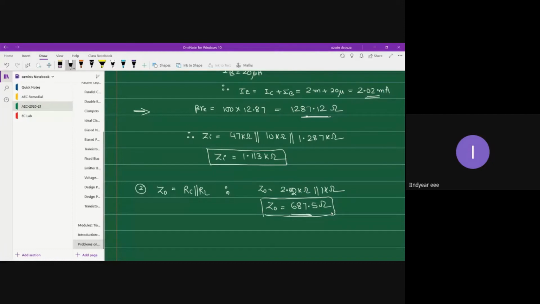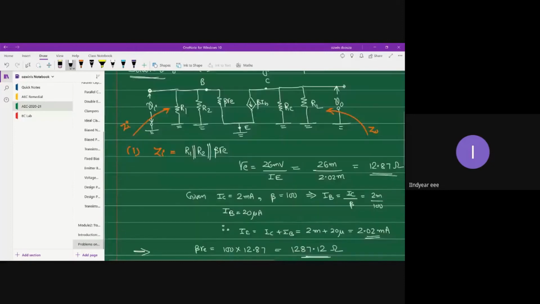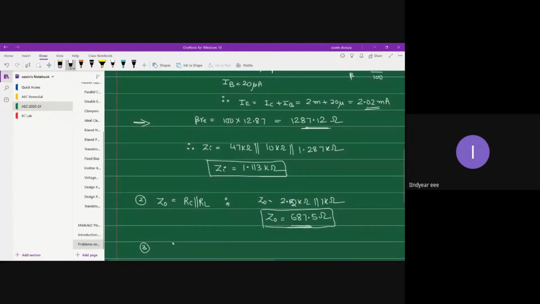Okay, remember everything I am considering with bypass capacitor. Okay, with bypass capacitor I'm considering part A. Okay, so that's your Z0, and then let us go for voltage gain AV.